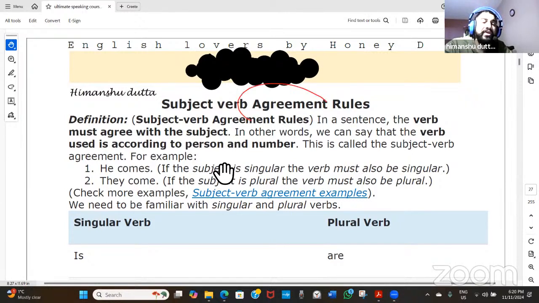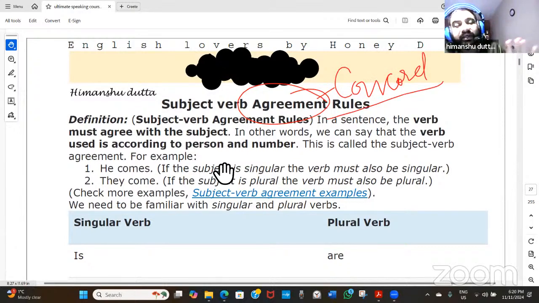In most English grammar books, this word is written as concord. Concord is the agreement, a kind of abide-by policy between subject and verb. When the subject agrees with the verb, they satisfy each other. They satisfy the need of each other.